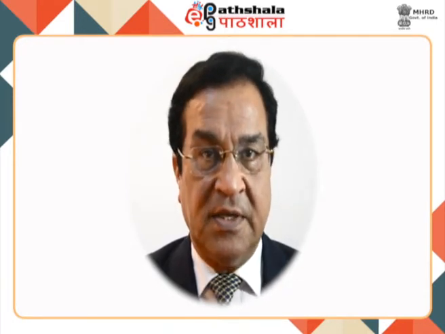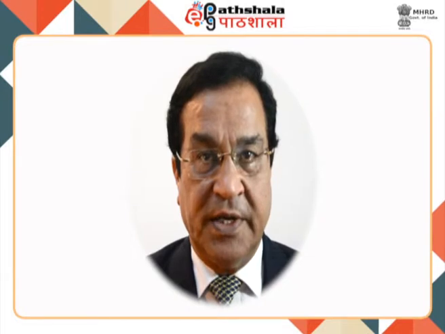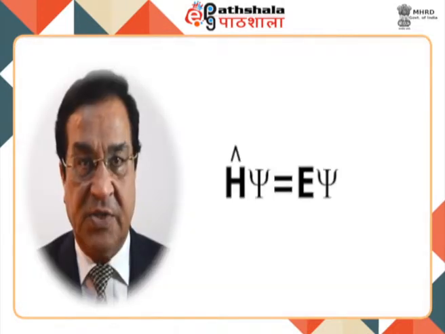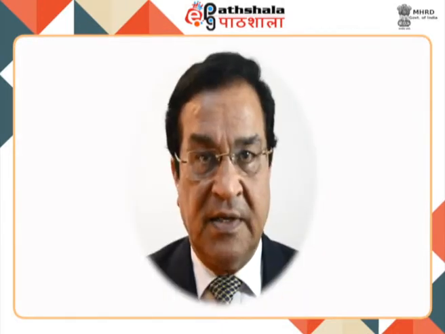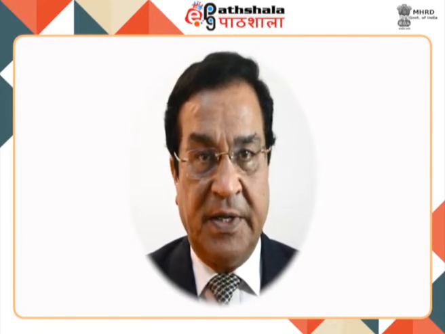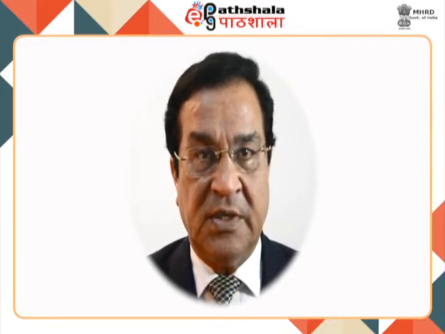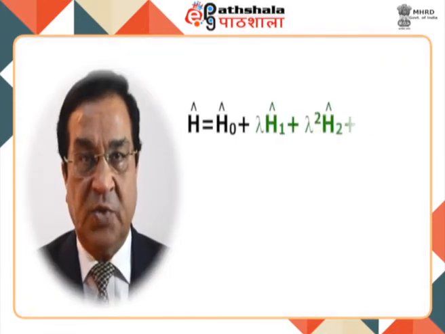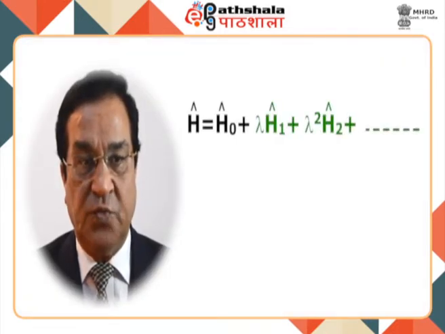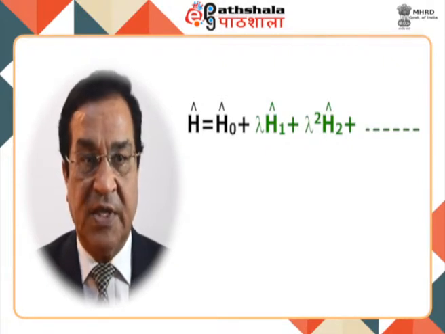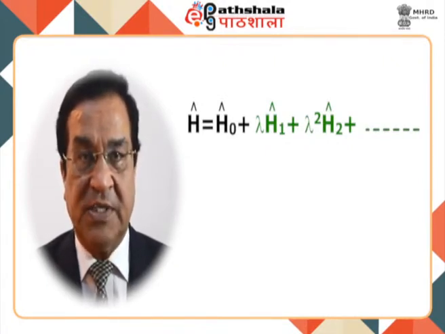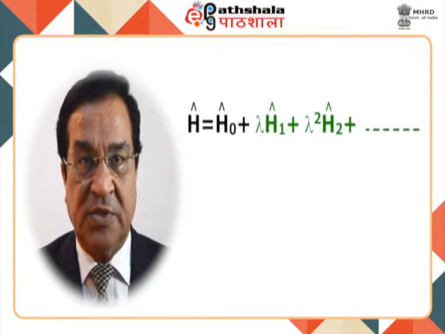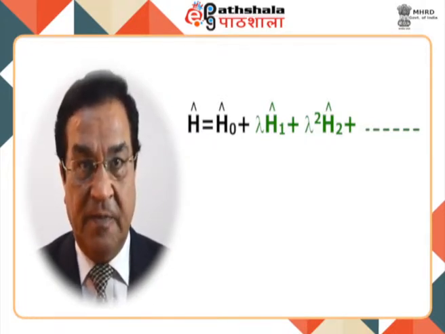In this case, if we have to solve the Schrödinger equation, say H psi equals E psi, then in this perturbation theory, H cap, the Hamiltonian, is written as H0 cap plus lambda H1 cap plus lambda square H2 cap. So these are the successive corrections to an unperturbed Hamiltonian H0 cap.